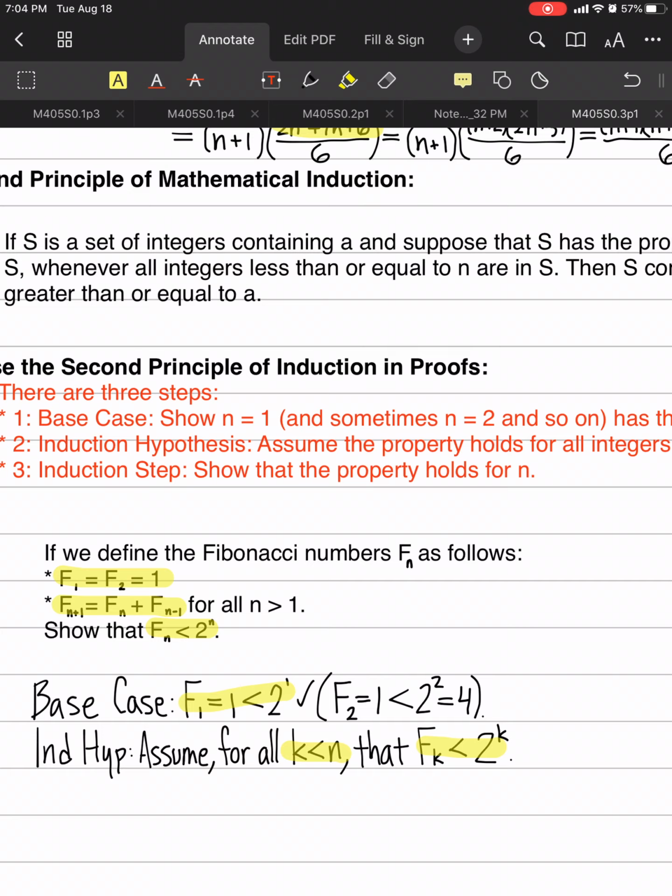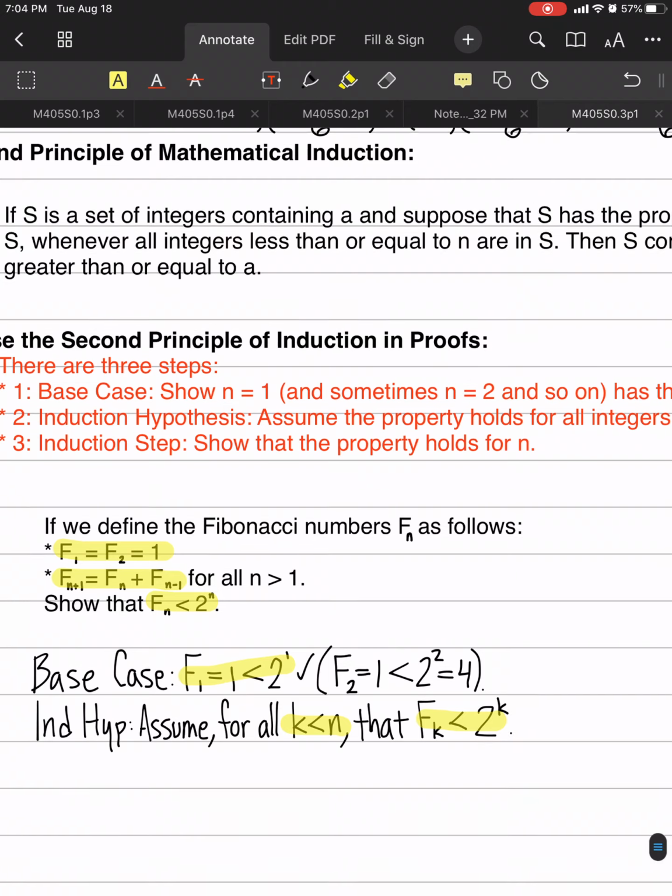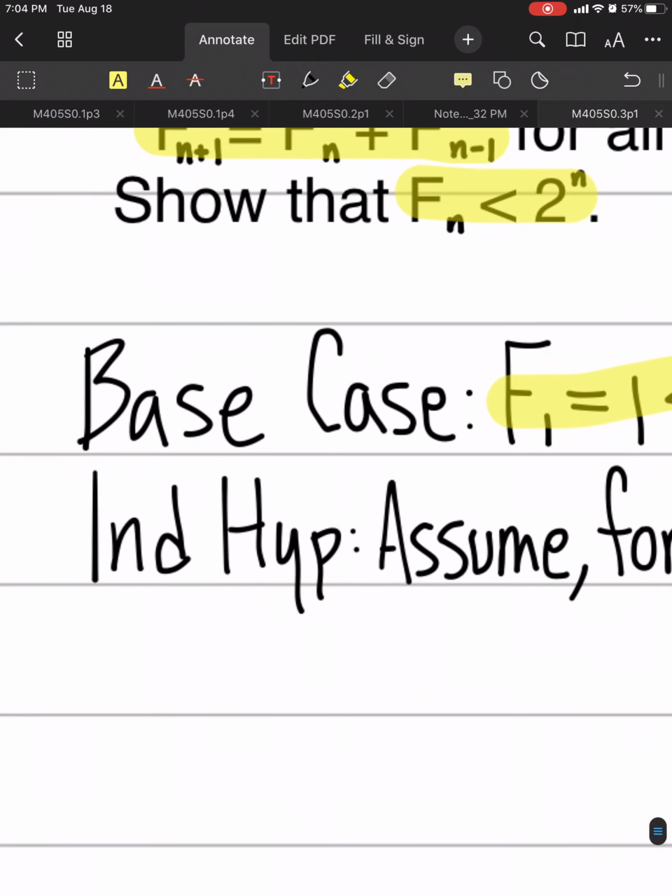So you're making this property a little bit more general than you did previously. Hopefully you were able to at least get these two steps. Let's go ahead and look at the induction step.